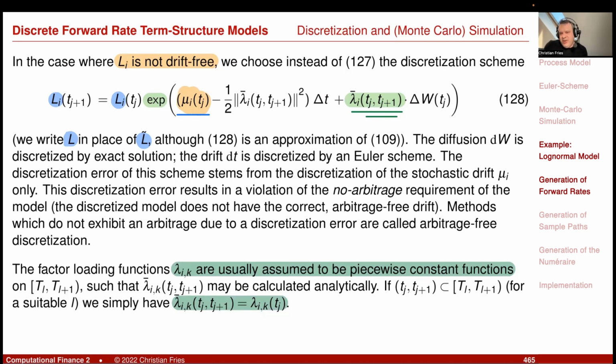But this assumption is not so brutal, because if you think that, for example, your time discretization of the stochastic process is actually a subset of your time discretization of the forward rates, how many financial products do you observe? You just observe financial products on these times.